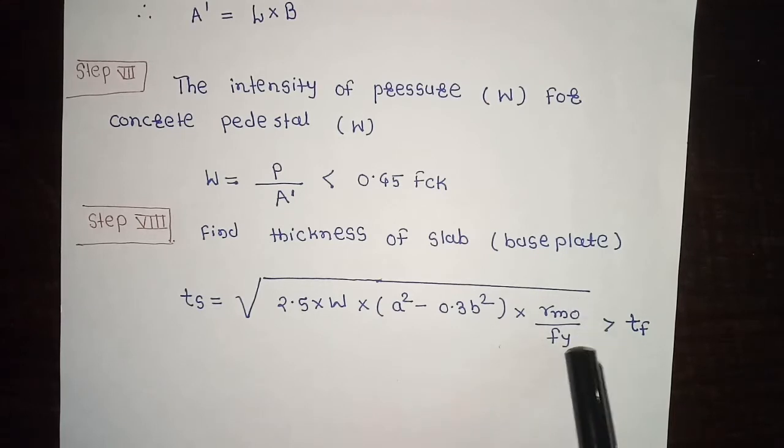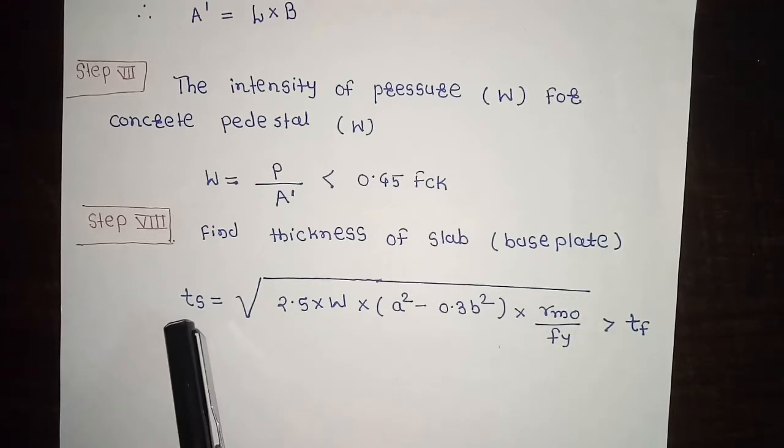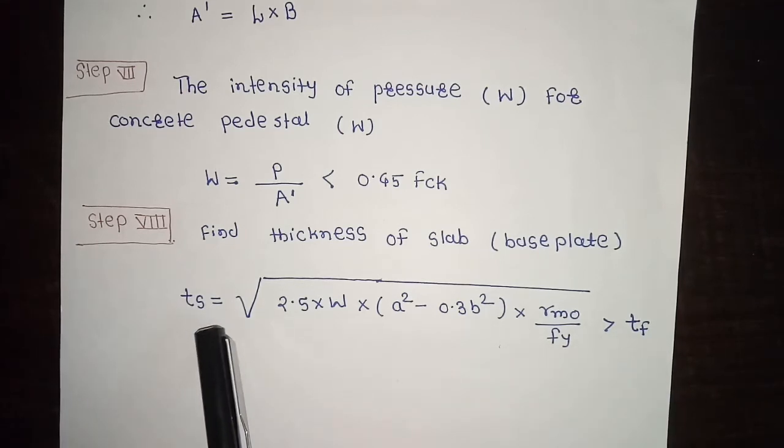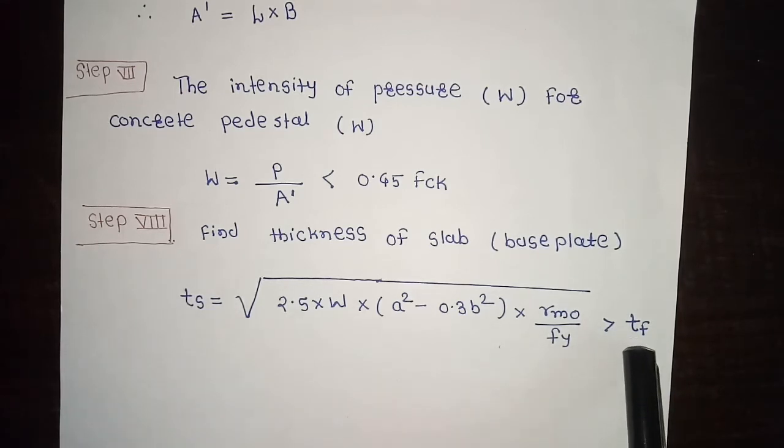This is the formula, and the whole term TS should be greater than TF, means thickness of slab should be greater than TF. Okay, so these are the design steps of slab base.